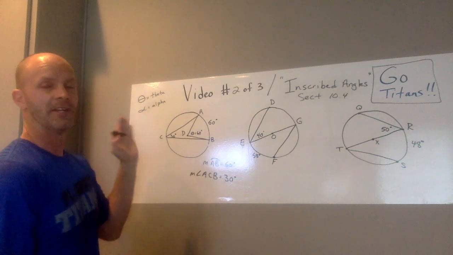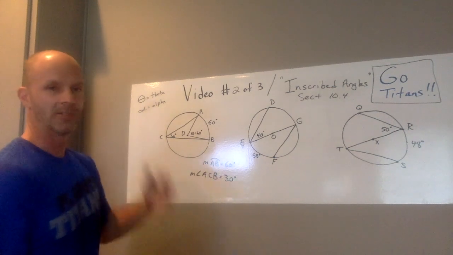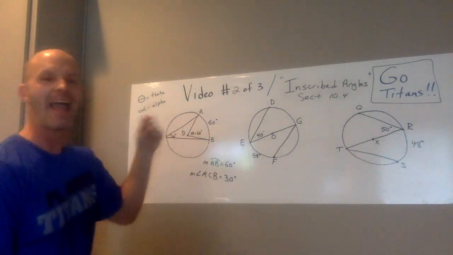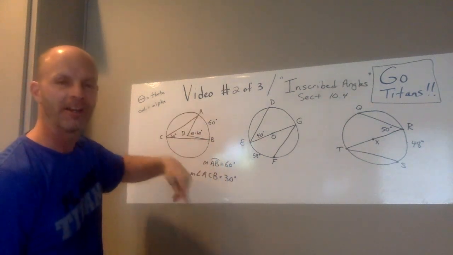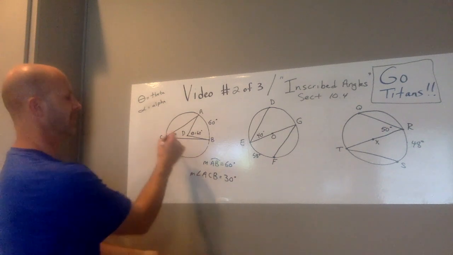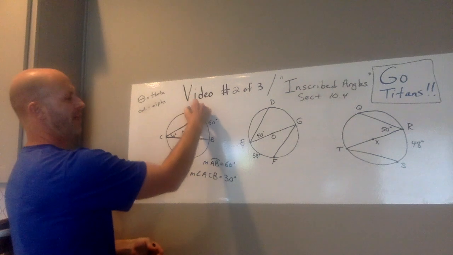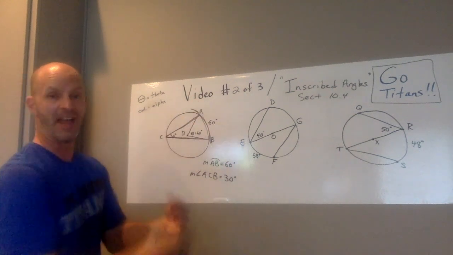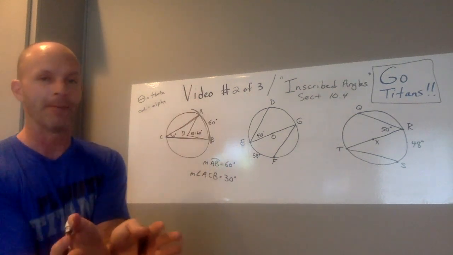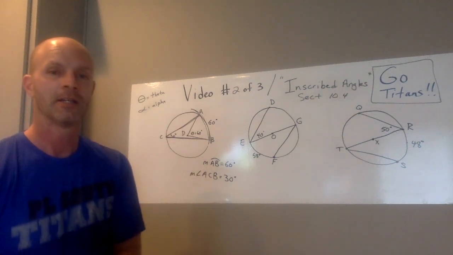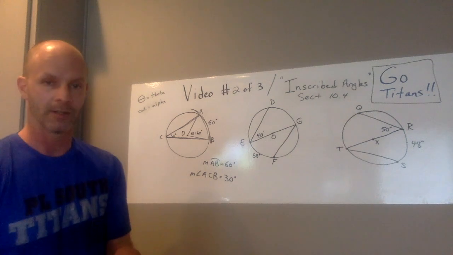So the inscribed angle is always going to be half of the central angle, or you can say that it's half of the arc that it intercepts. Now you notice that this ray CA and this ray CB are intercepting that arc. If the inscribed angle is not intercepting that arc that's coming from the center, it's not going to work. Okay?